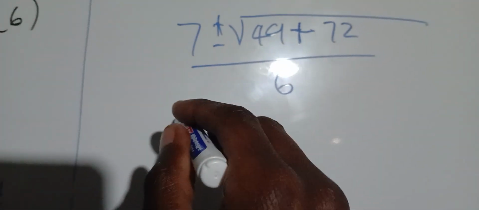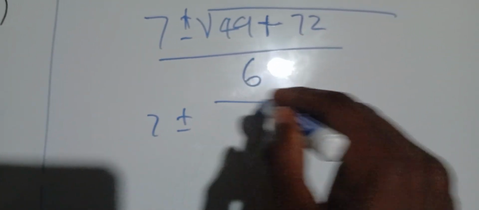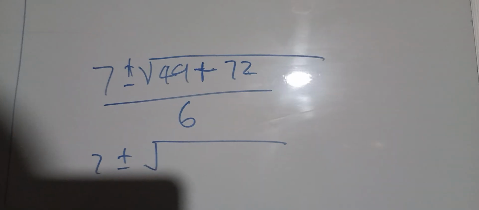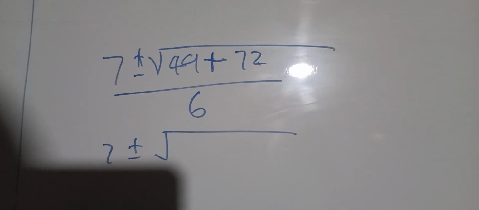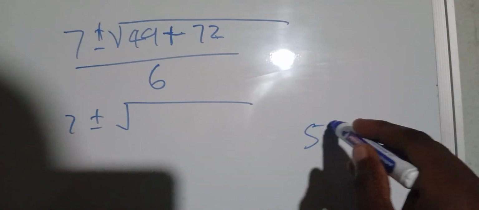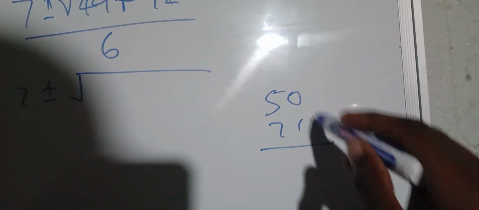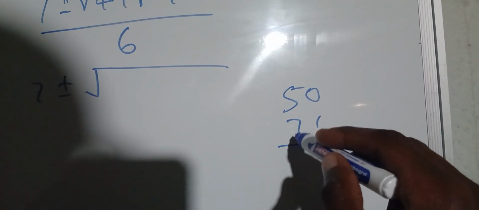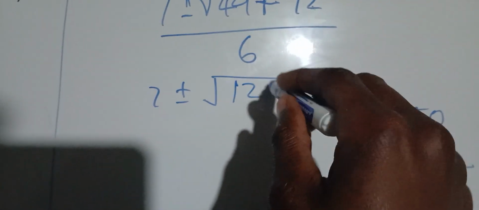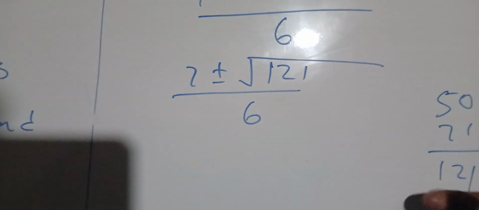So I'm going to have 7 plus or minus the square root of 121 all over 6.